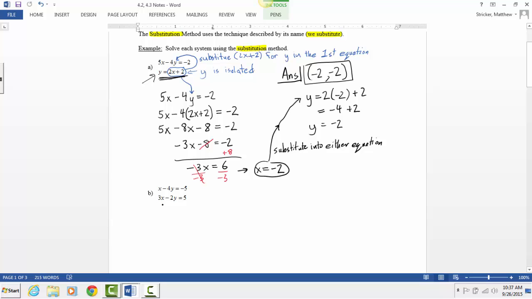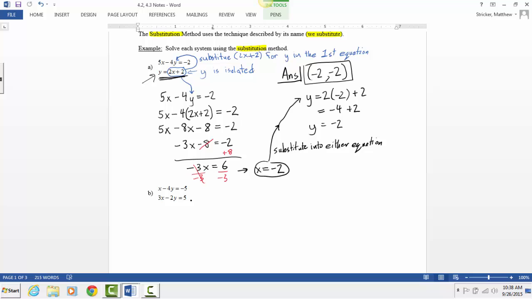But you'll notice in the second example we have two equations, but neither one of them is solved for one of the variables. So if I look at these, which equation is going to be easiest to solve for a variable? And it doesn't always have to be y that we solve for. It can be x that it's solved for as well.